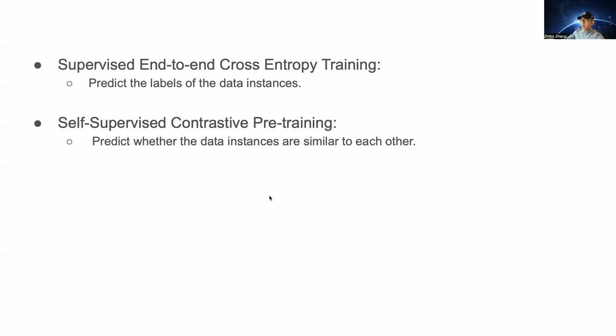For example, given a random data pair, like two dog images, in principle the model should be able to tell that the two images contain the same underlying concept, and they should be treated similarly. So basically that is the goal: the model is asked to identify the similarity among the data instances.